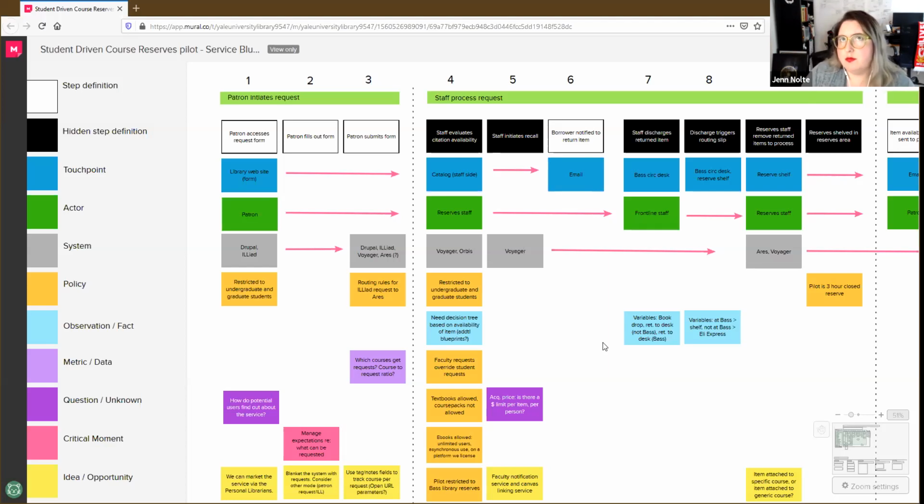So I don't think you would want to document the nitty gritty of a specific workflow in a service blueprint, unless the service blueprint was scoped very tightly, if that makes sense.